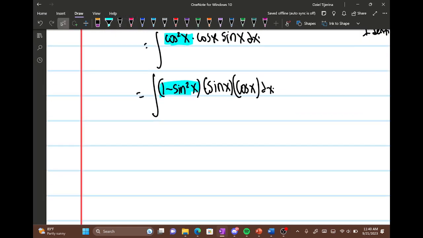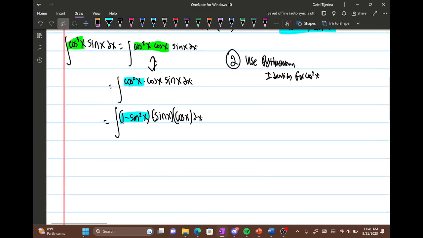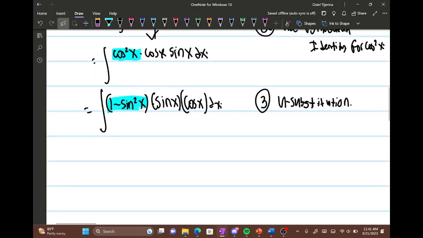Now, number 3, we can use substitution, and you have to be really good at detecting a u-substitution here. Clearly, if I let u equal sine x, then my du will be cosine x dx.